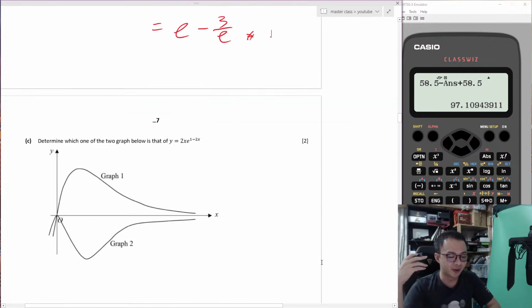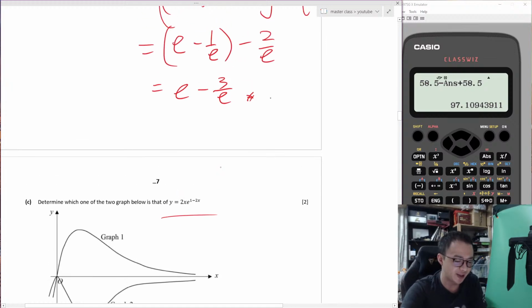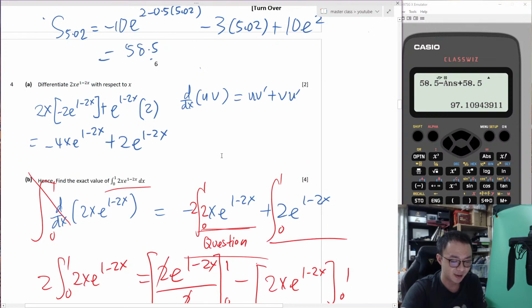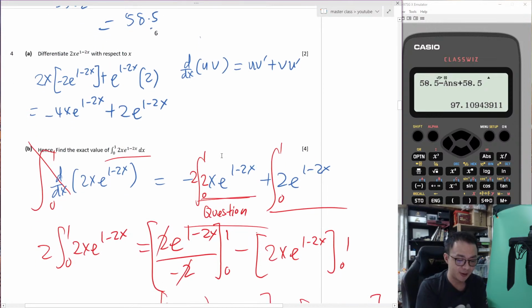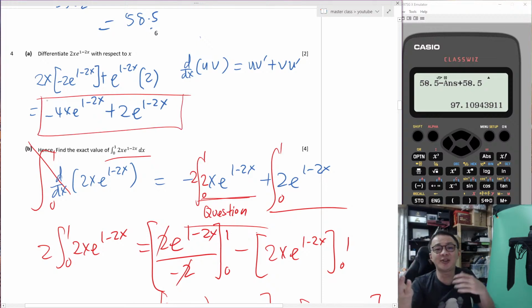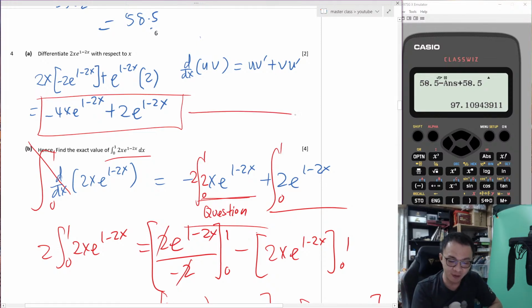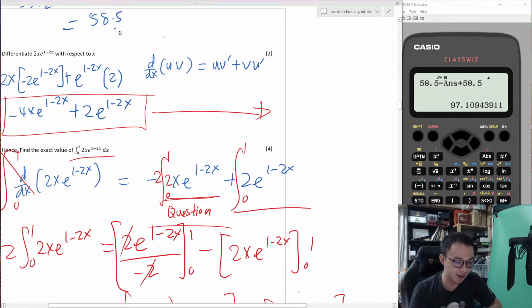Determine which one of the graphs is represented by this. So normally I will just find the maximum or minimum point. Since I already have my dy/dx, I believe I already differentiated just now. Yeah, this is my dy/dx. So I will make this equal to 0 to find my maximum or minimum x value. Over here, I will take out the 2e^(1-2x) from both.